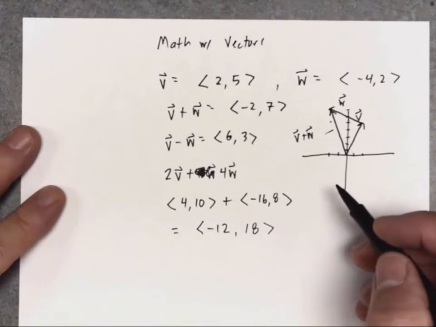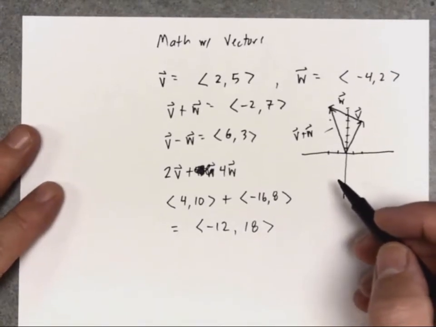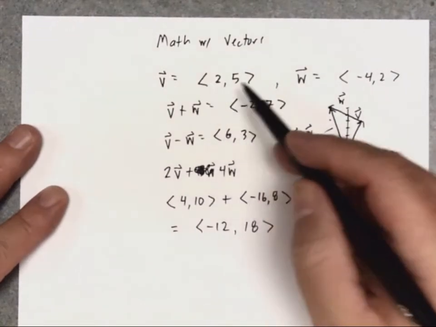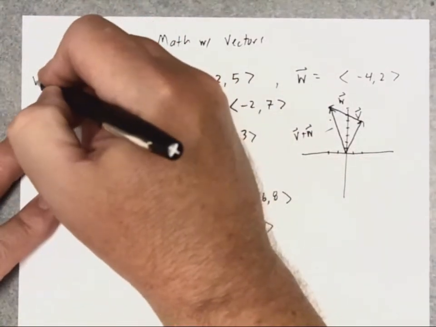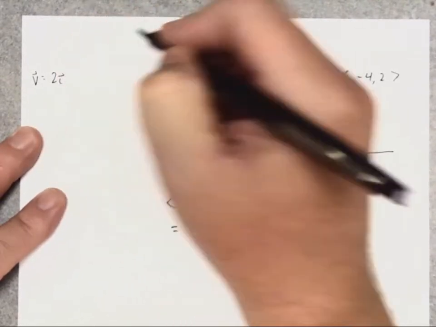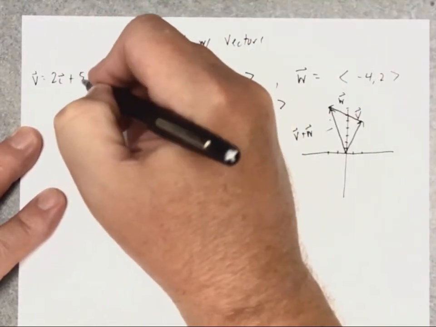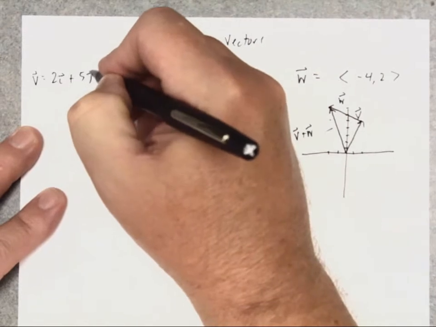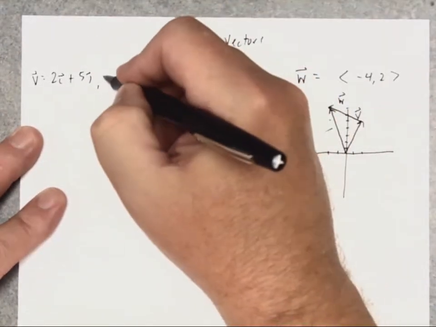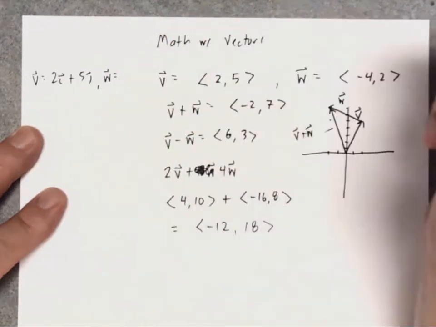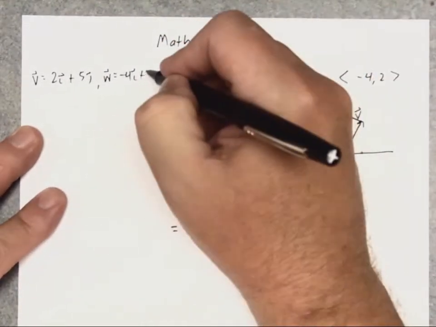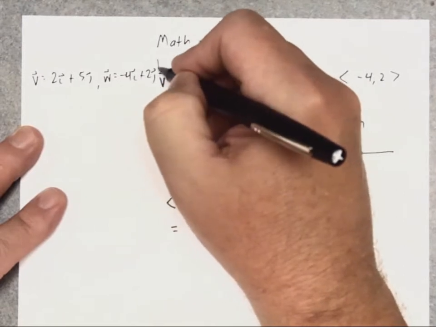All right, so that's pretty simple math you can do with vectors, especially if it's written like this. And just to show you, of course, with ij, I'll do one of these just to show you it's exactly the same. So we would write v as 2i plus 5j, and the w vector would be -4i plus 2j.